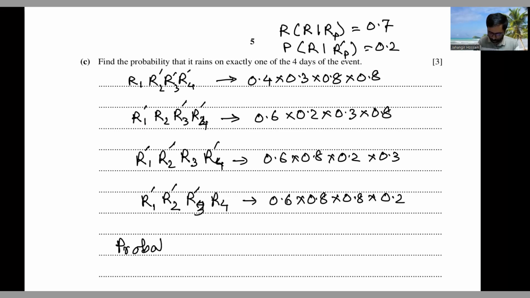So you add up all these four probabilities, and you get the probability of rain on exactly one of the 4 days, which will be 0.2112, or keep it in exact fraction, it will be 132 by 625. Okay, that's part C.